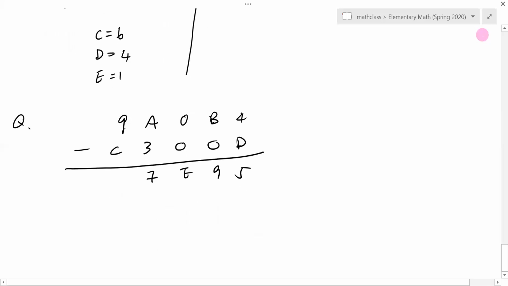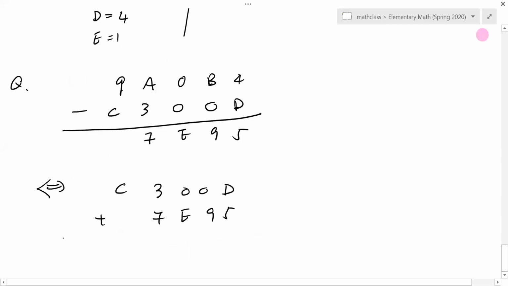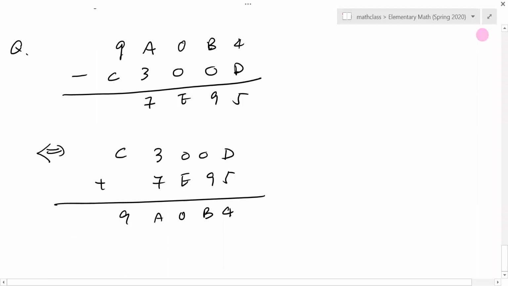The addition says that this is equivalent to saying C300D plus 7E95, and this is supposed to be 9A0B4. Okay, and then from here you can quickly get the answer.